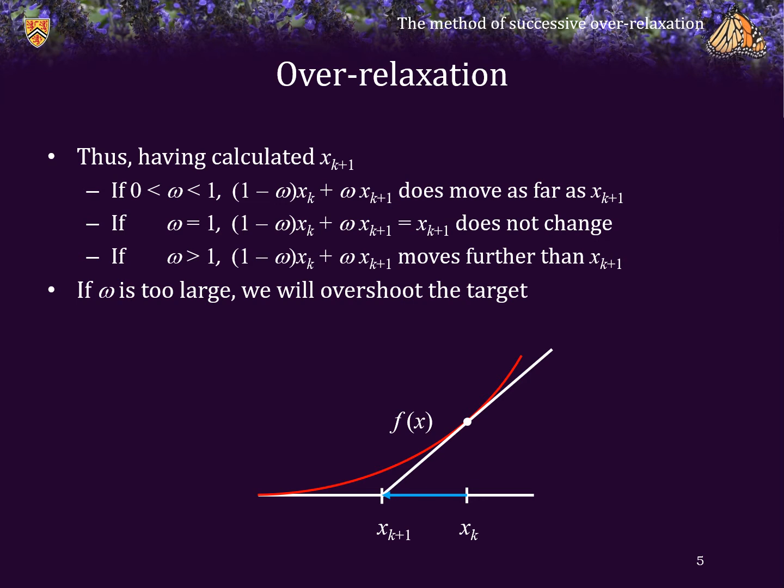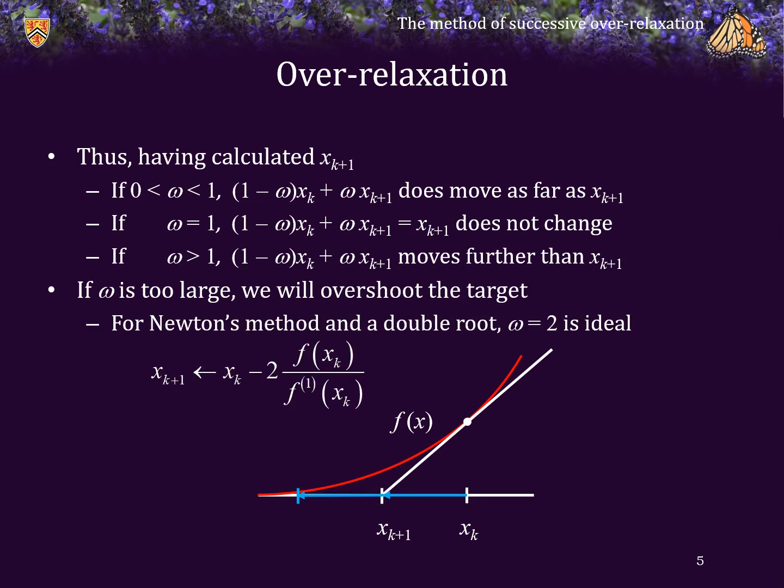Now, if omega is too large, you're almost certain to overshoot the target. For Newton's method, if you are trying to converge on a double root, it happens that omega equaling 2 is the ideal choice. So in this case, rather than having the next approximation be x_k minus that ratio of the function and its derivative, you instead use x_k minus twice that ratio.